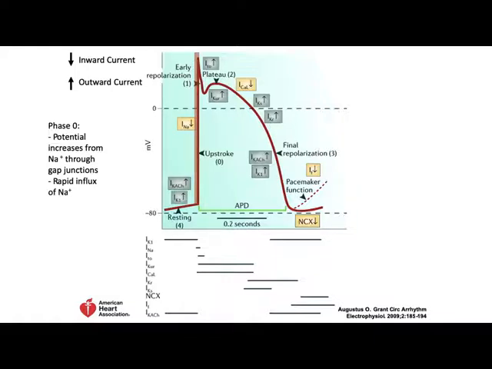When the voltage reaches a certain level, they open. When they're open, sodium runs down its concentration gradient. It runs down the electrochemical gradient, rushing into the cell, making the inside of the cell more positive. And so we see that trace here as this line spikes. It's almost completely vertical, a near instantaneous influx of sodium.